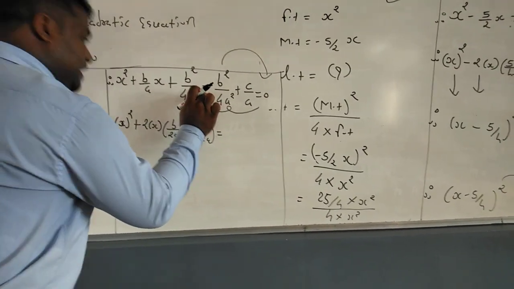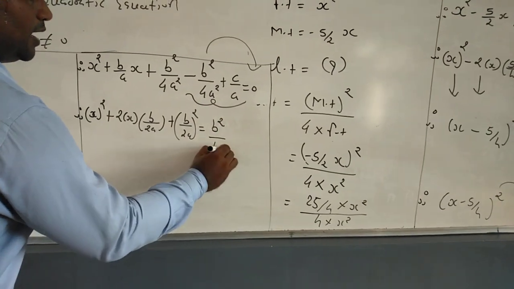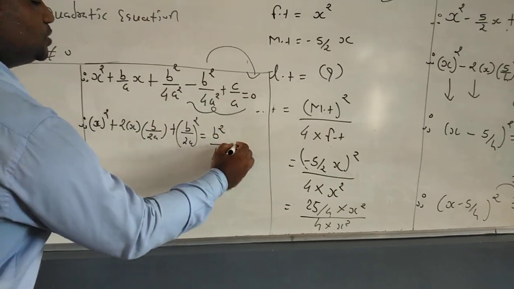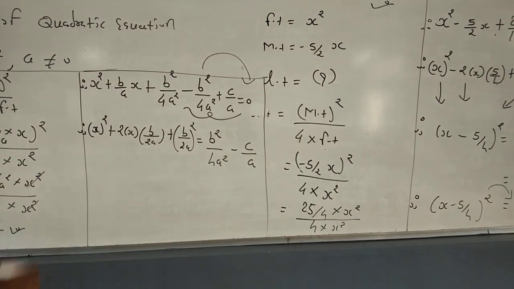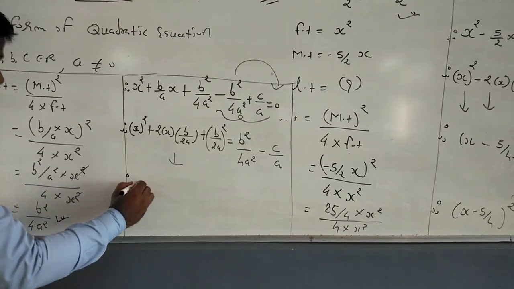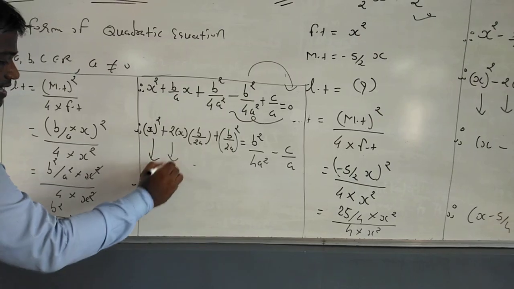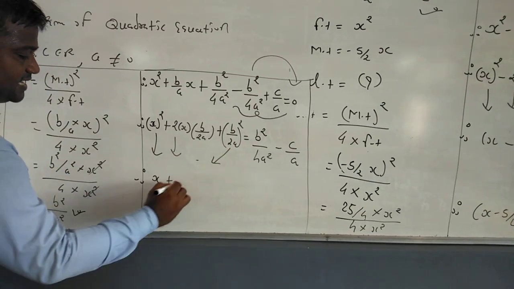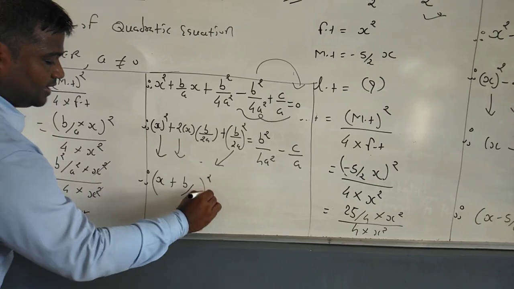When this is negative, it becomes positive, and this one is positive, so it becomes negative. It is very simple, a perfect square trinomial: first term, middle sign, and last term, that is b by 2a to the square.